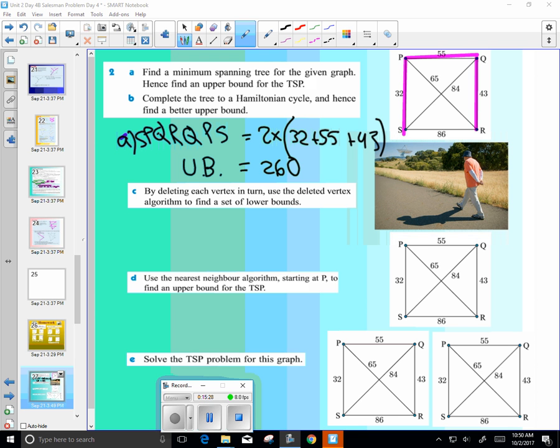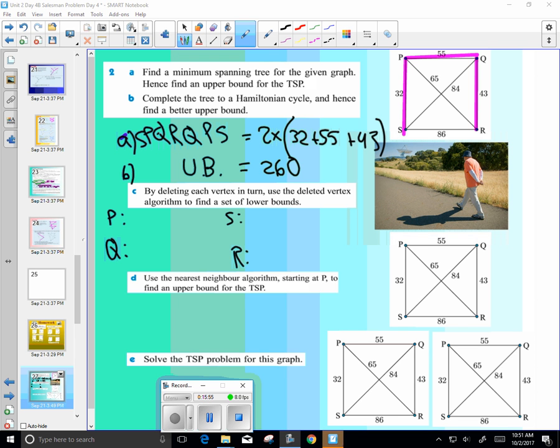By deleting each vertex in turn, use the deleted vertex algorithm to find a set of lower bounds. So let's delete P, Q, S, and R. Oh, we haven't done B yet. For B, what you're going to do is complete the tree and hence find a better upper bound.